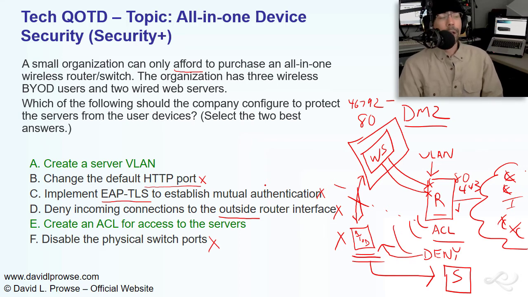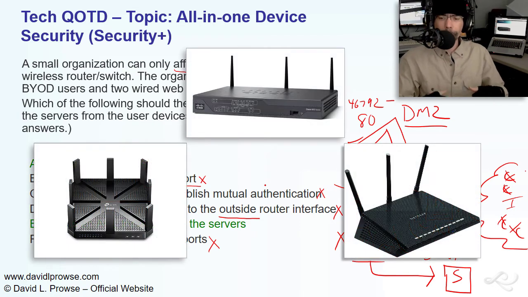So the answers here: create a server VLAN and create an ACL for access to the servers. If you don't already, you should be working on some devices out there, all-in-one devices, Cisco devices, devices from other companies like Netgear or TP-Link or Linksys or whoever, those all-in-one routers, and really get into the security of those.